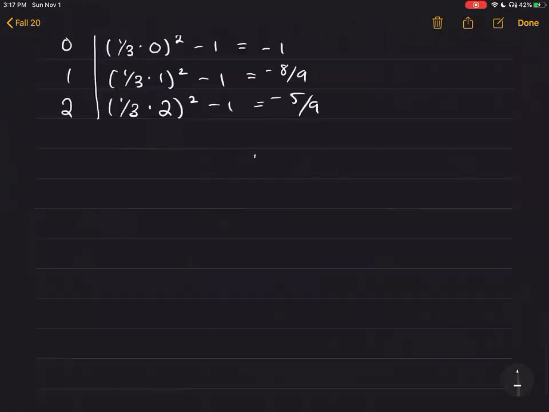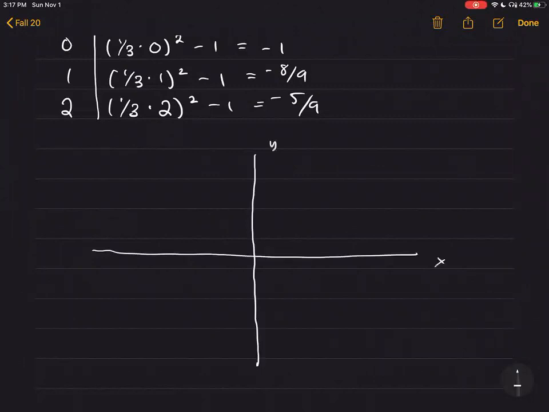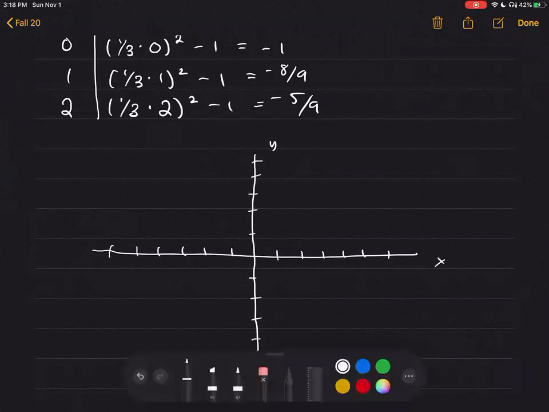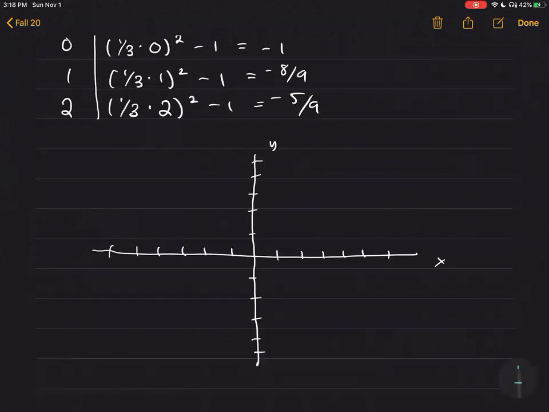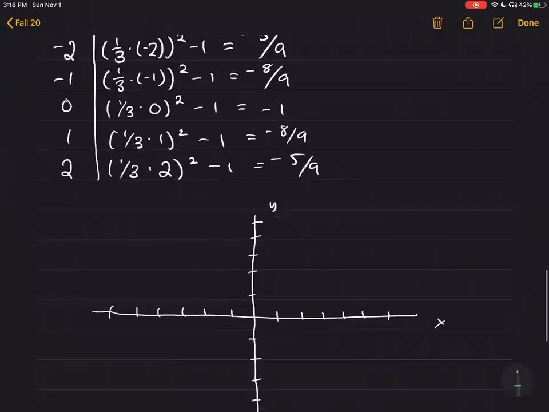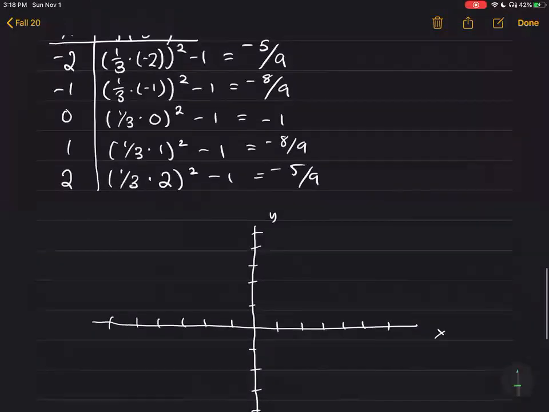Now, if we do our graph down here, this x, y, let's plot our points. Make this one green. So we have -2, -5/9. So that's about right here.